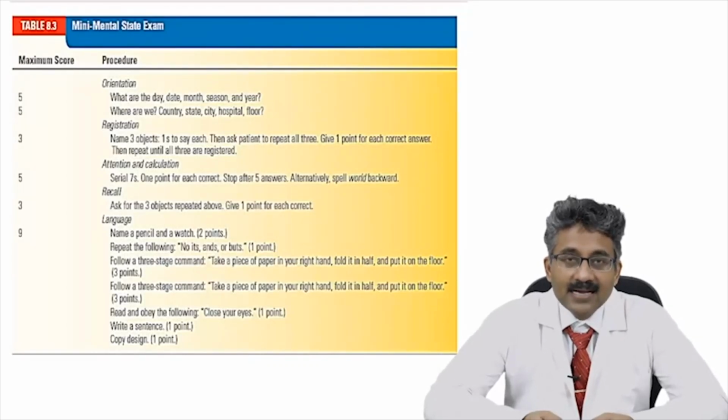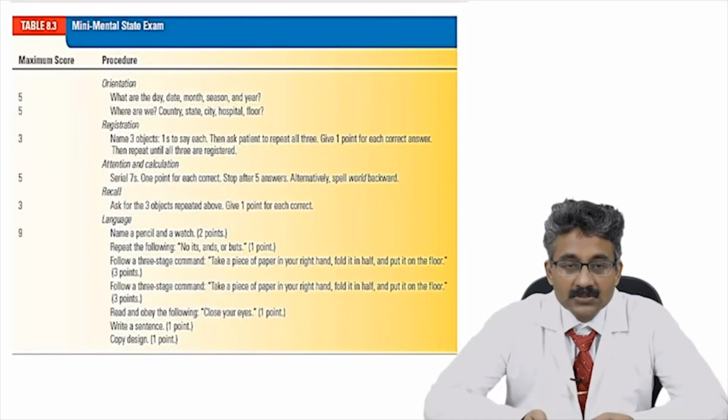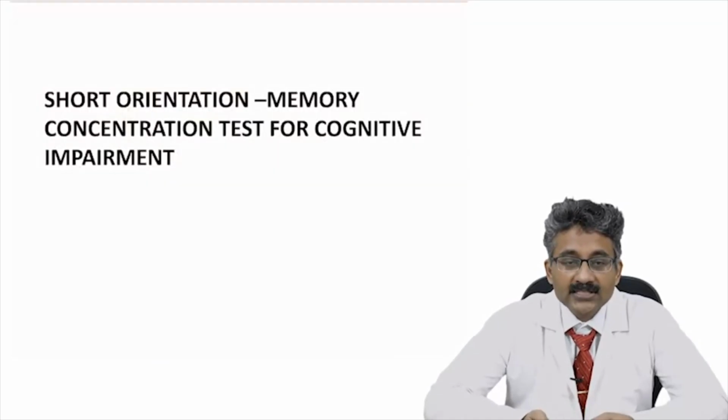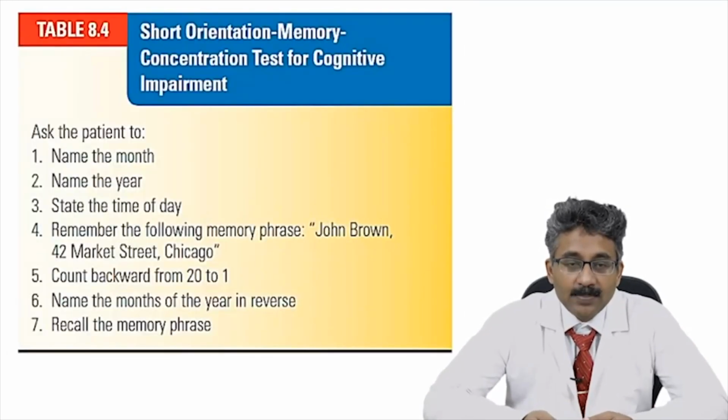This mini mental status examination is a little laborious process. So there is one simple examination, the short orientation memory concentration test for cognitive impairment. Here we use simple questions like: ask the patient to name the month, name the year, state the time of the day. Remember the following memory phrase: John Brown, 42 Market Street, Chicago.